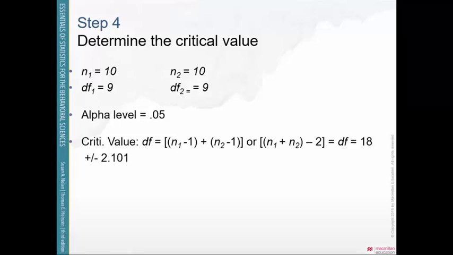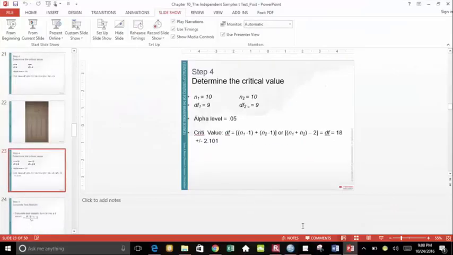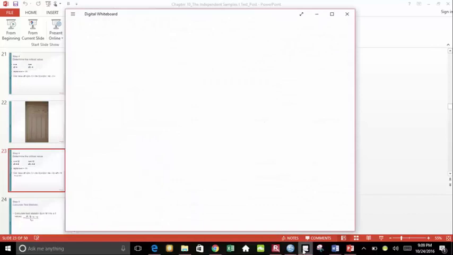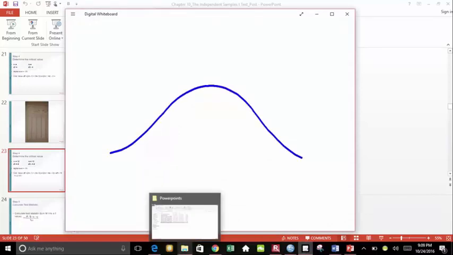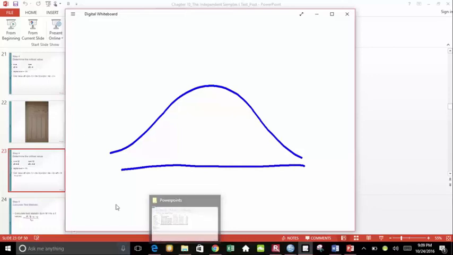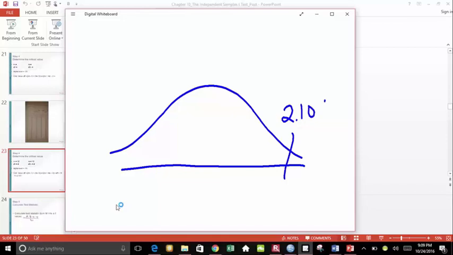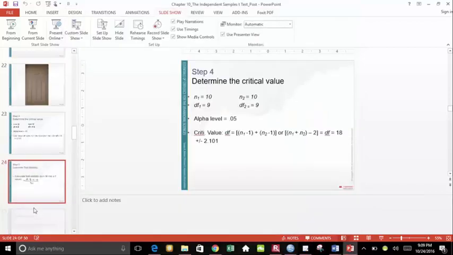Okay, and this is just like before, where we've got a population. We have our critical value, 2.101, negative 2.101. And now, next step, we need to calculate our test statistic.